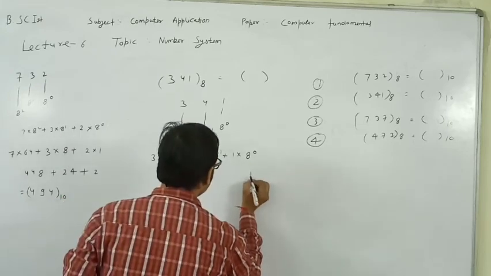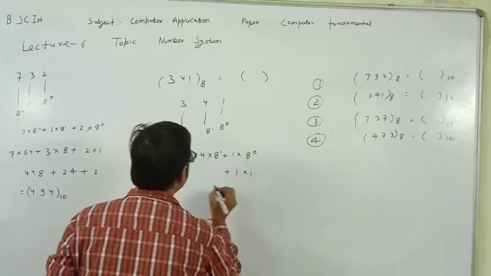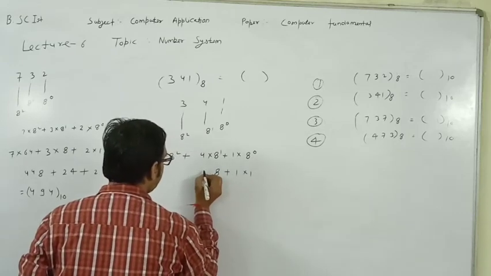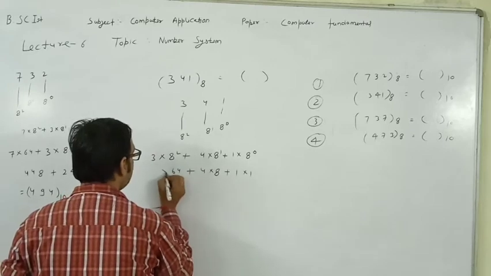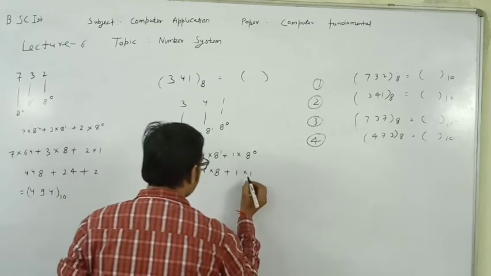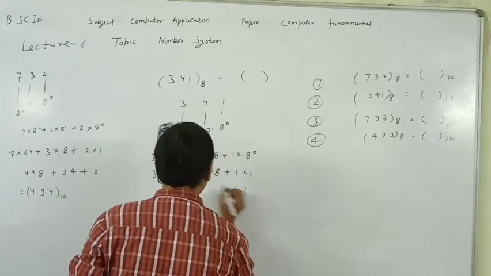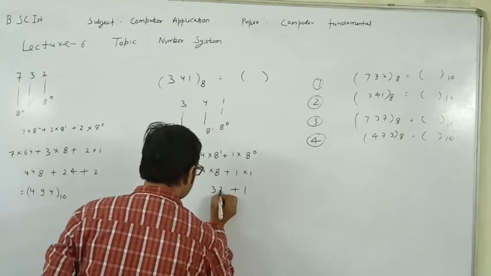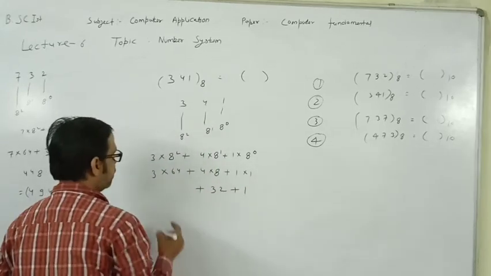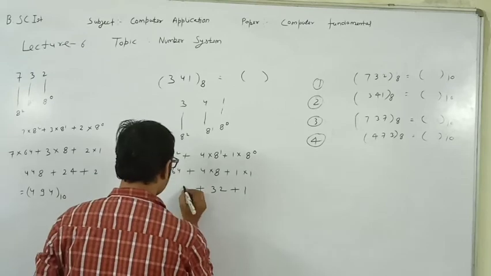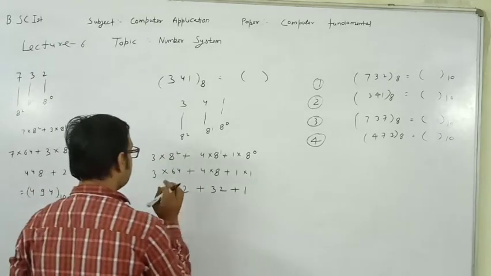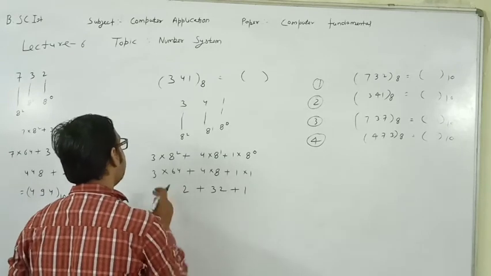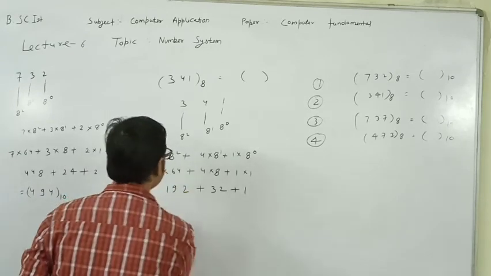So 8 power 0 is 1, into 1 gives 1. 8 fours are 32, and 64 multiplied by 3: 3 fours are 12, 1 left, 3 sixes are 18 plus 1, 19.